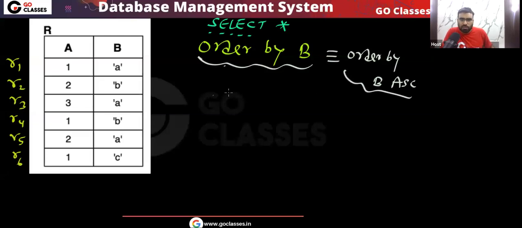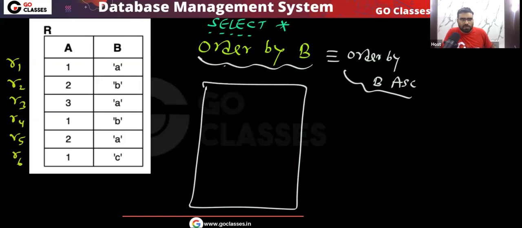By default, it is ascending order. So what will be the answer? You can see, based on B, the value A comes first: 3A, 1A, 2A. Yes or no? That is possible.